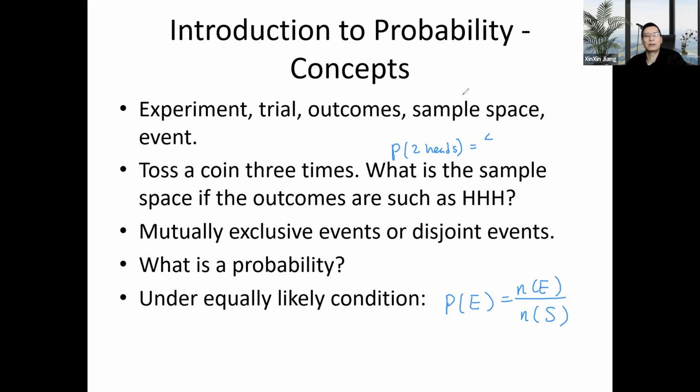Did I make any mistake when I listed 2 heads? I vaguely remember I had 4 of them. 2 heads should be HHT, HTH, and THH, the 3 of them. We do assume all these outcomes are equally likely, and there are 8 of them. So you have 3 out of 8. You count how many elements are there in the event, and divide by the total number of outcomes in the sample space.